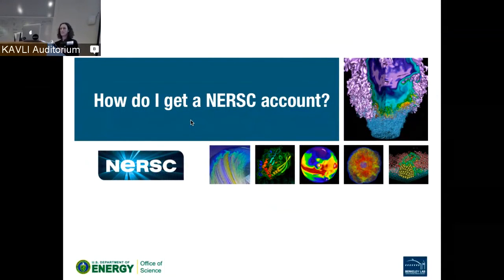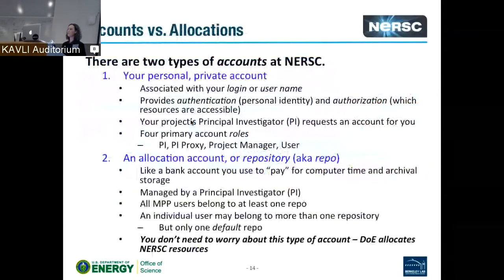So someone asked, how do you get a NERSC account? Well, first of all, there's two types of NERSC accounts, your user accounts and the repo account. Really, you only need to worry about the user account. The repo account, the project account, is allocated by the DOE and managed by the PIs, which is Richard and Peter here. So this user account is associated with your login or username.